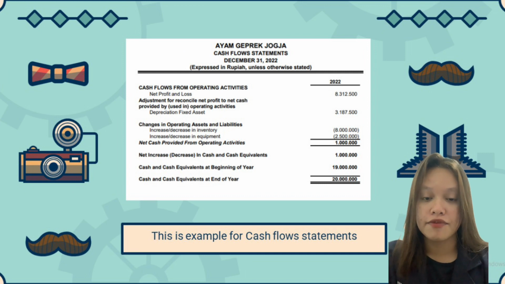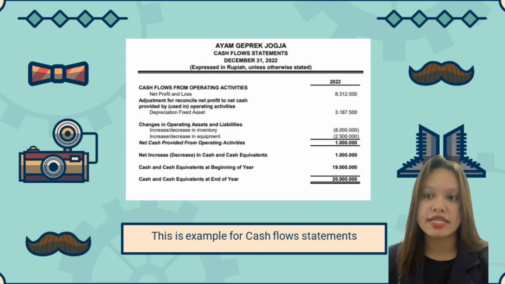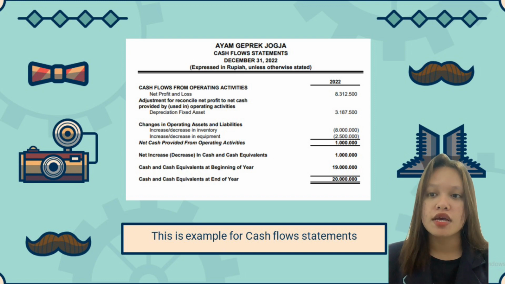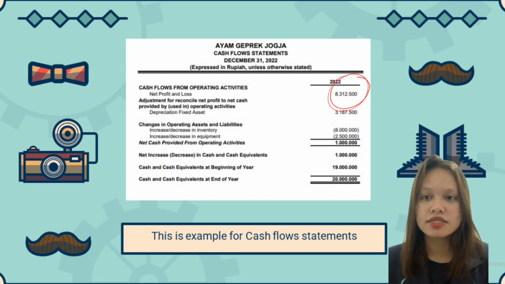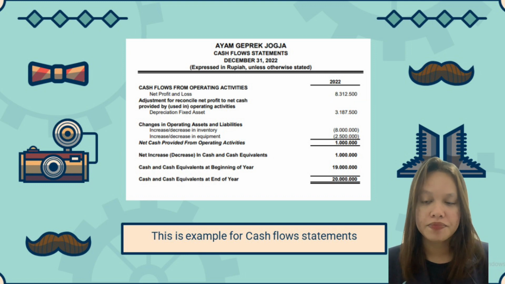This is an example for the cash flow statement. A cash flow statement is a financial report that presents cash inflows and cash outflows of a company. Cash flow from operating activities, there is a net profit of 8,312,500 rupiah.